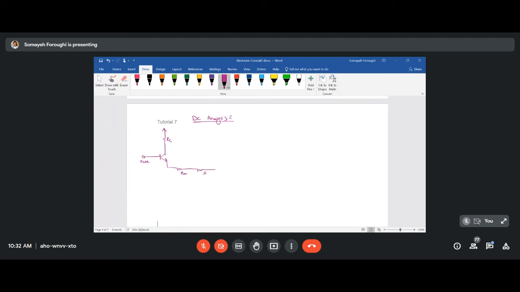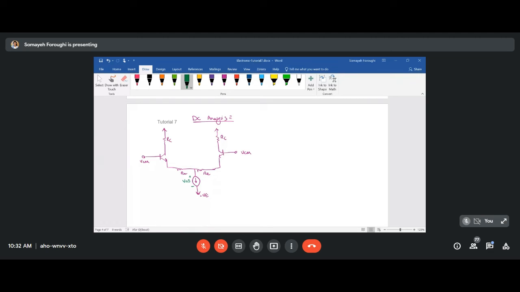RE, the other RE, something like this going, and here you have VCM again. And from here on you have a current source to negative VEE, sorry, this is negative VEE. And remember, the voltage over that current source is also given by V current source.